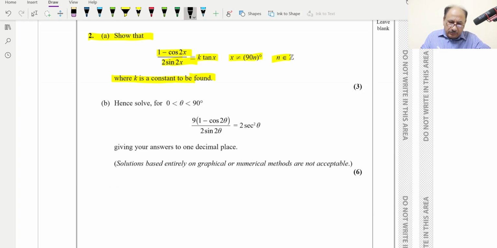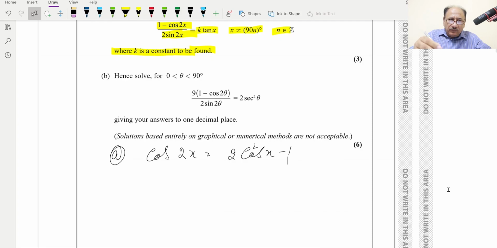So for A part we can write cos of 2x. We know this formula basically: cos of 2x is equal to 2 cos square x minus 1, and we also know that sine square theta plus cos square theta is equal to 1.